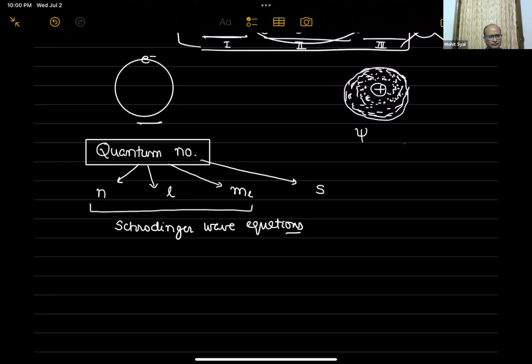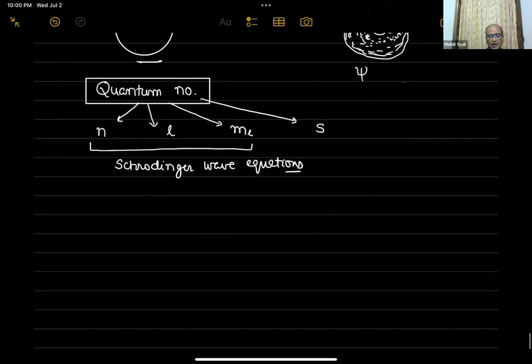Three of these quantum numbers are derived from the wave equation. We are not handling those equations as of now, so we will not plot directly, but indirectly we will see what these quantum numbers tell us about the orbitals and how the orbitals look.